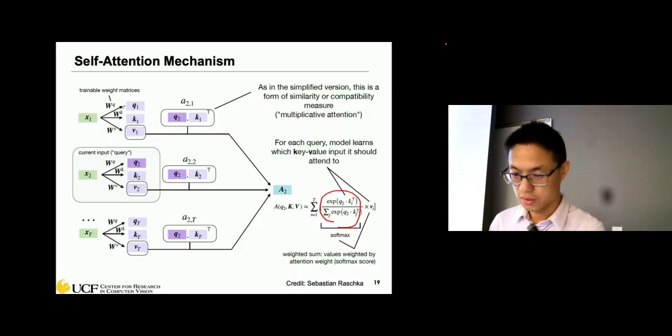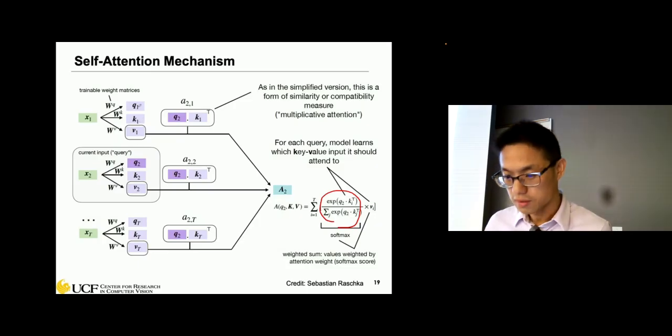Basically these weights project the input into three different subspaces: one with WQ, the second with WK, and the third with WV, okay? So you end up with three different vectors: Q1, K1, and V1. For the second input, you have Q2, K2, and V2, okay?